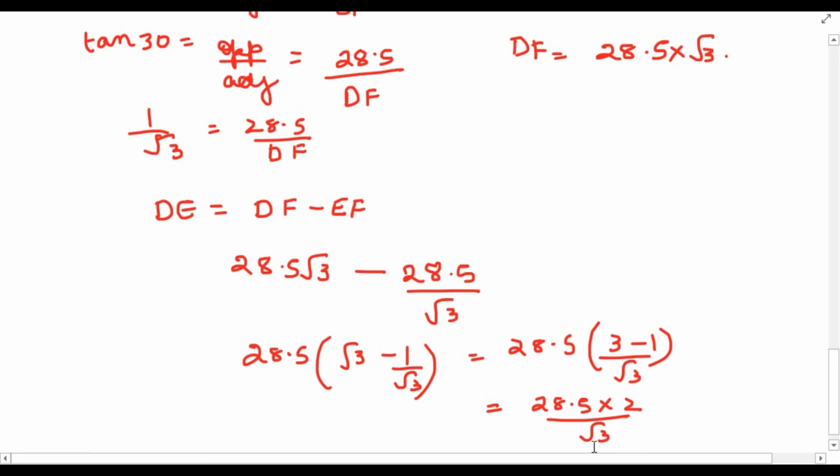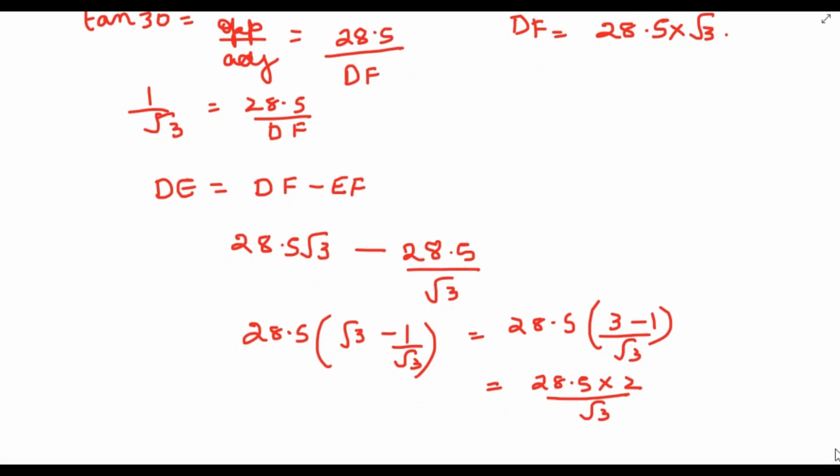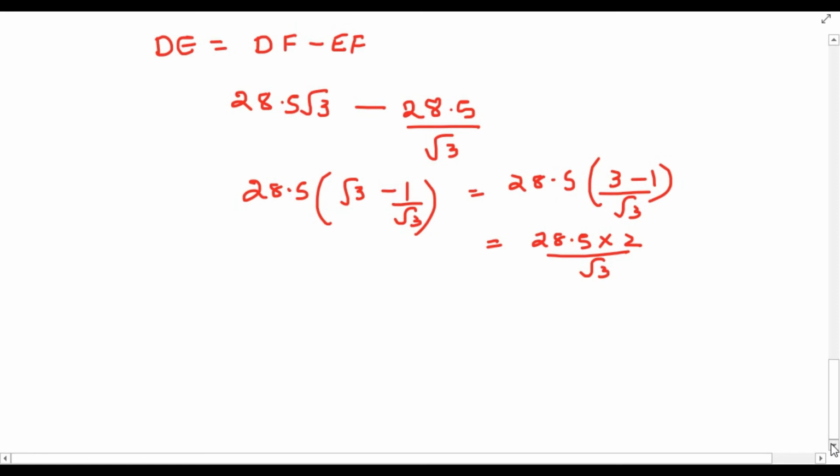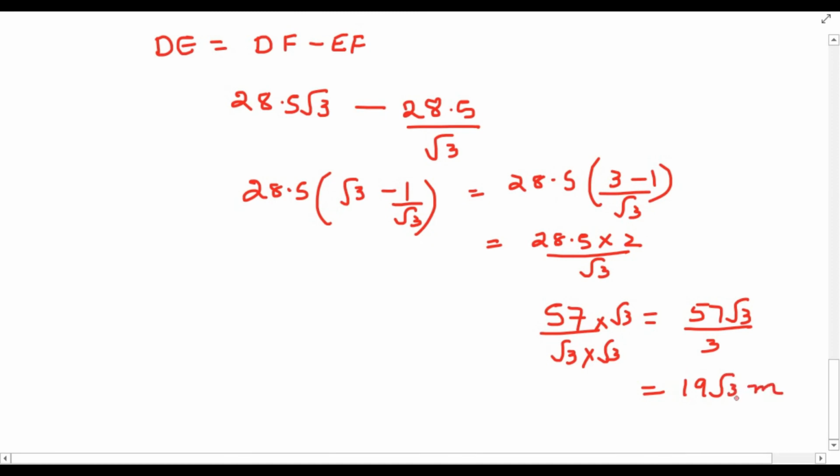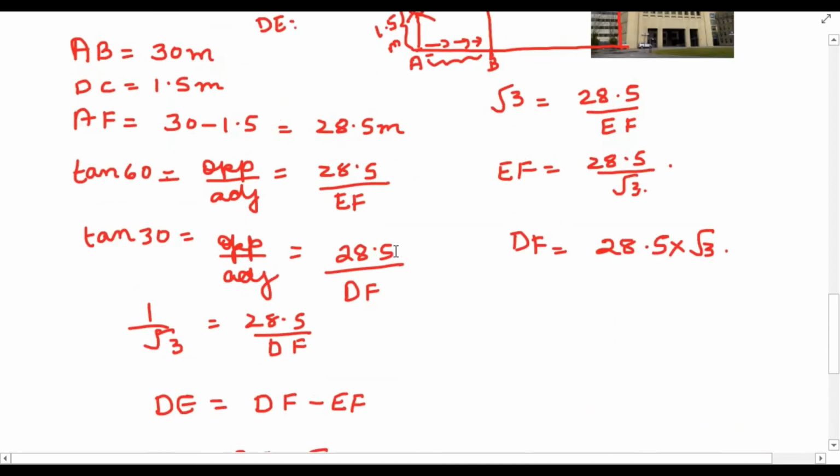So when you simplify this, 28.5 into 2 is 57 divided by root 3. So rationalize it. We have 57 root 3 divided by 3, which is equal to 19 root 3 meter. So the distance the boy walked towards the building is 19 root 3 meter.